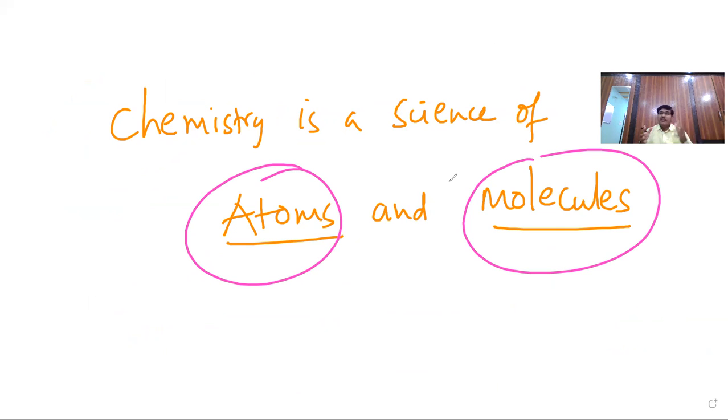You are going to get so many elements: oxygen, hydrogen, nitrogen, carbon, sulfur, so many things, all the elements. And internally, you will have the atoms. Molecules you will have. In the molecules, you will have the atoms, and in the atoms, you have the electrons, protons, neutrons, internal structure, nucleus, whatnot, everything. So a simple definition is that it is a science that deals with the atoms and the molecules.